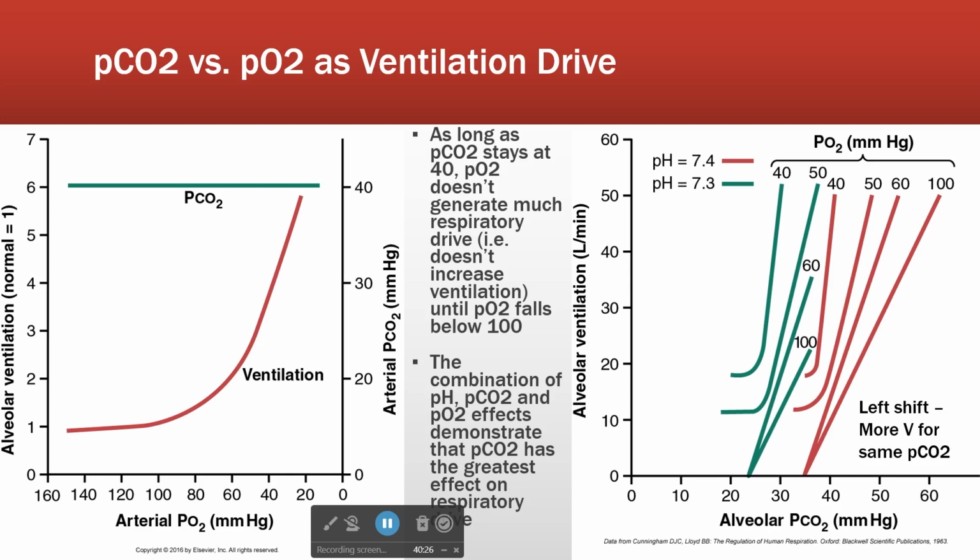Okay? So what this is saying is all three variables are going to affect the outcome. pH is going to make you breathe faster for a given alveolar PCO2. A low PO2 below 100 is going to make you breathe faster for a given PCO2. And of course, PCO2 is one of the primary drives to respiration in the first place, right?